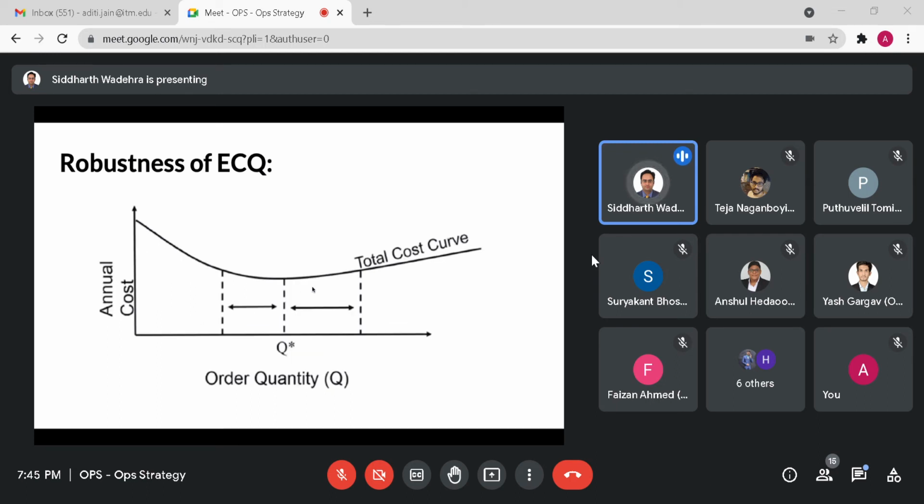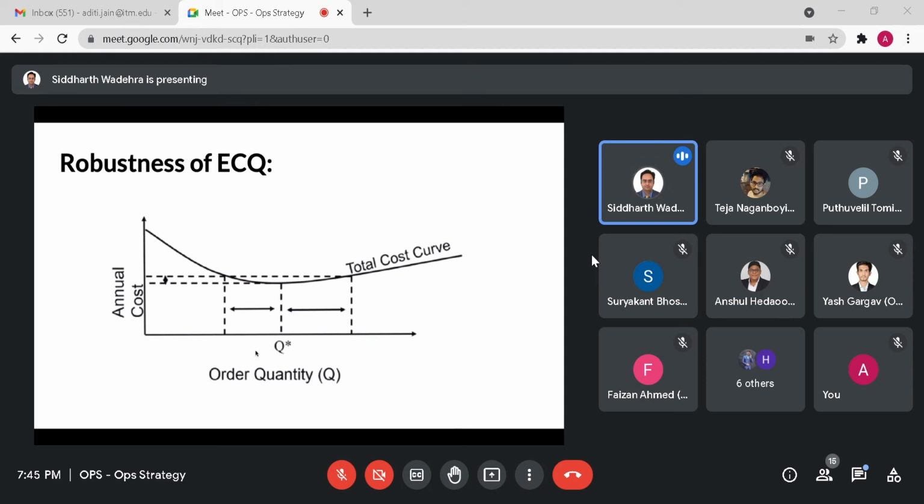If you move towards the left or towards the right of Q star, the cost doesn't change by a substantial amount. Let's look at how much in this slide. The annual cost doesn't go much higher than the lowest cost. So it's robust to any misestimations that might result in getting an incorrect Q star.